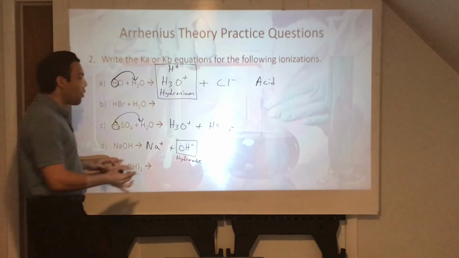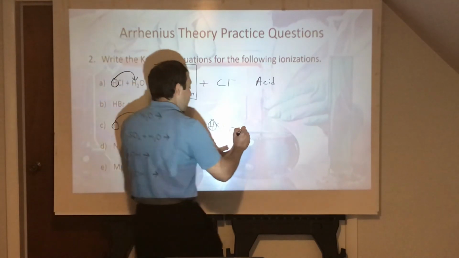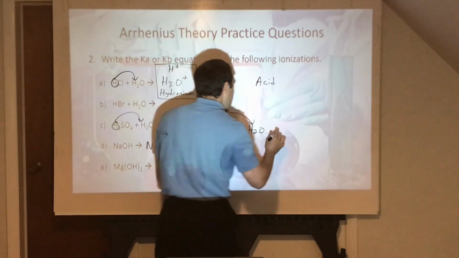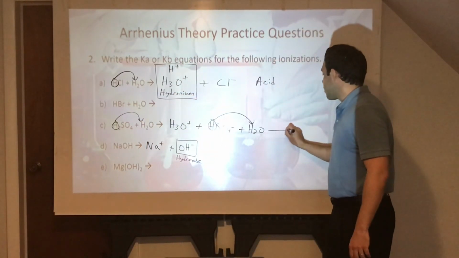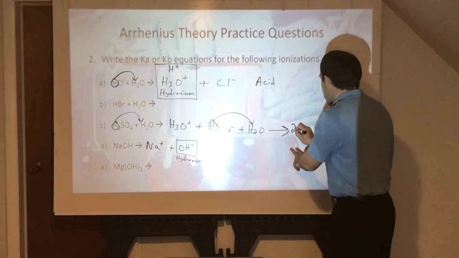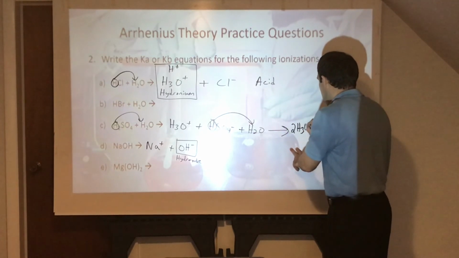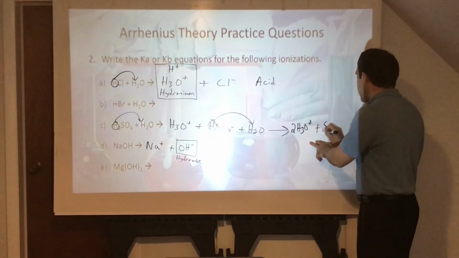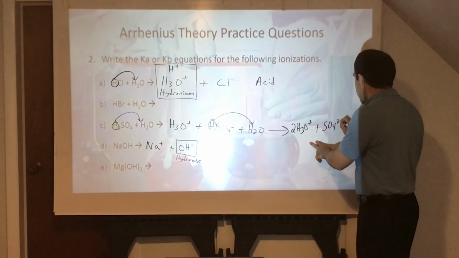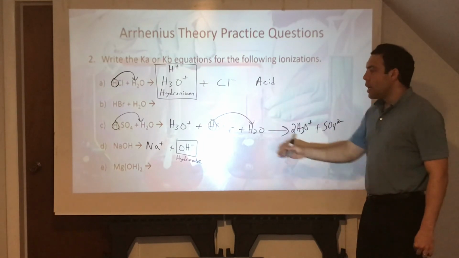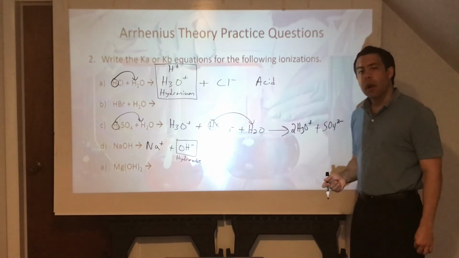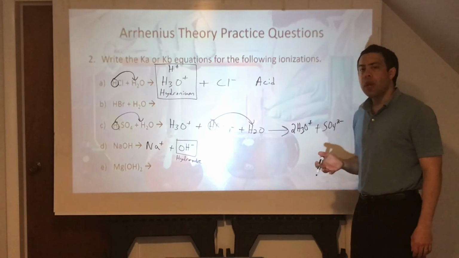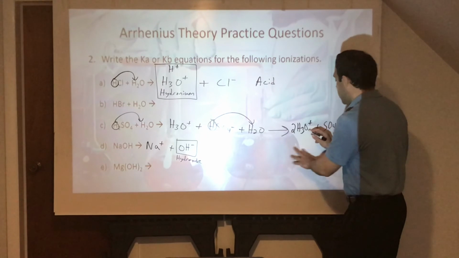We could take another H and give it to another water molecule, which would give us two H3O pluses and SO4 2 minus. Since H2SO4, sulfuric acid, had two H's to give, we call that diprotic.